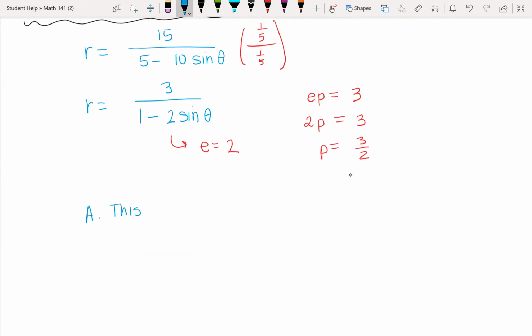We know we have a hyperbola because E is greater than 1. This is a hyperbola because E is greater than 1. And it's going to open up, down.